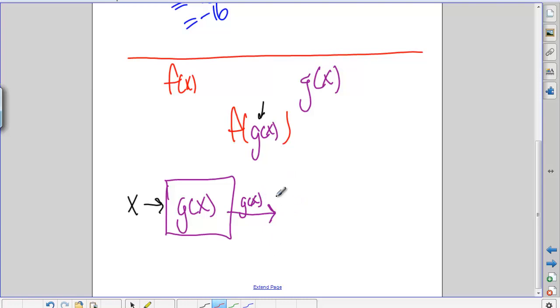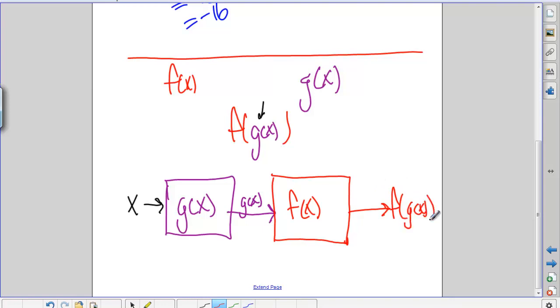This is now g of x. Again, you can always think of a function in terms of input and output. So we input an x and we got a g of x from that output. And then that goes into f of x. And then the result is f of g of x. So if you'll remember that picture, when you're doing f of g of x, it always goes to that inside function first. So you evaluate x into the g of x, whatever that inside function is.